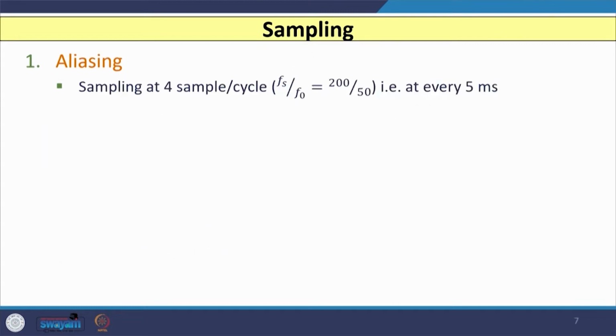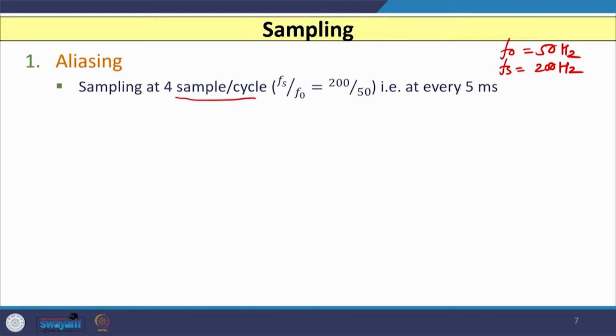Now, let us say we are sampling at 4 samples per cycle. As I told you, my f 0 is 50 hertz and we are sampling this signal at f s equal to 200 hertz, which is not going to follow the Nyquist criteria. If I take 200 by 50, then you will have the number of samples in one cycle, and that comes out to be 4.